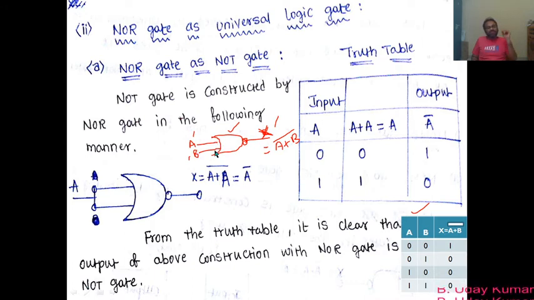Interconnected means the same potential has to be applied to both A and B. It can be low or it can be high. If you apply the same potentials to both A and B of this NOR gate, automatically it acts like a NOT gate. So how, we will see here.